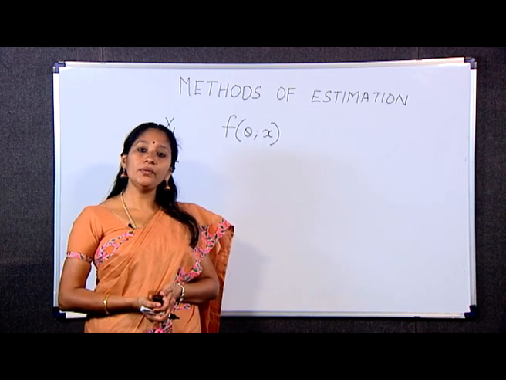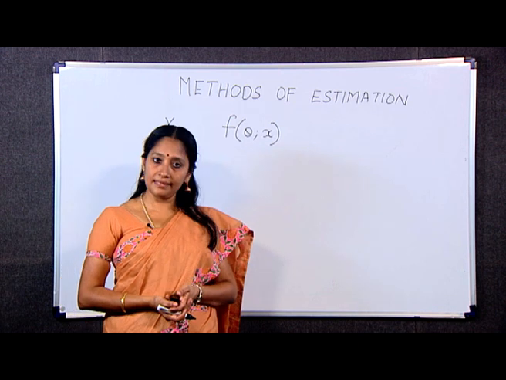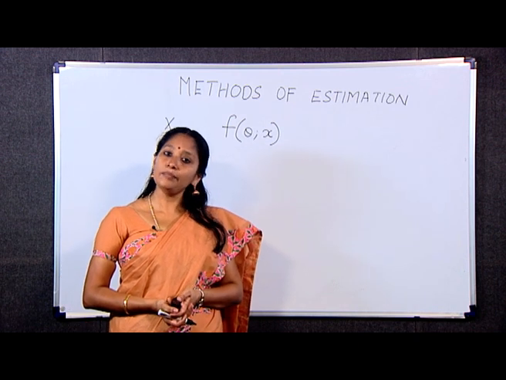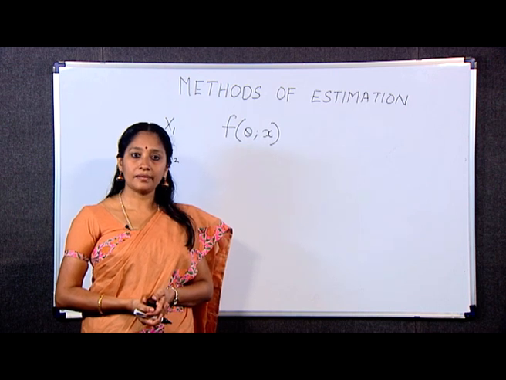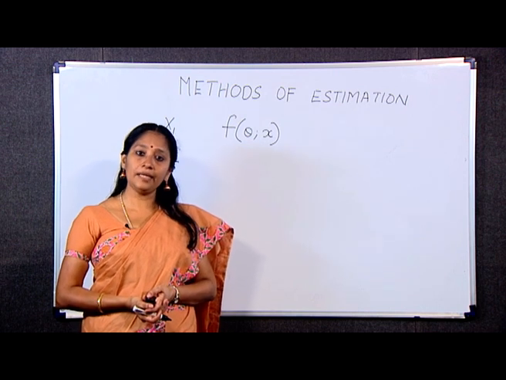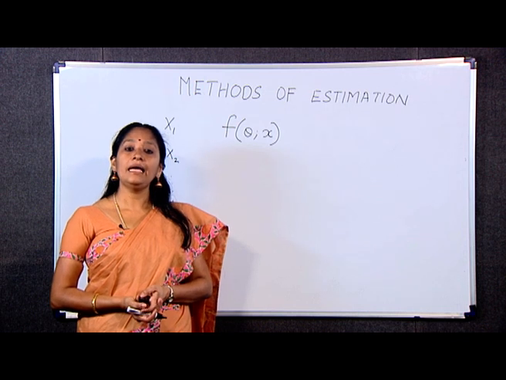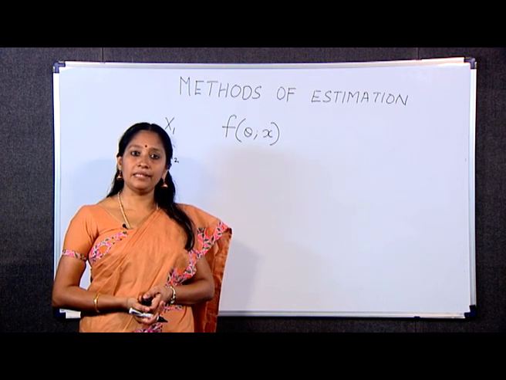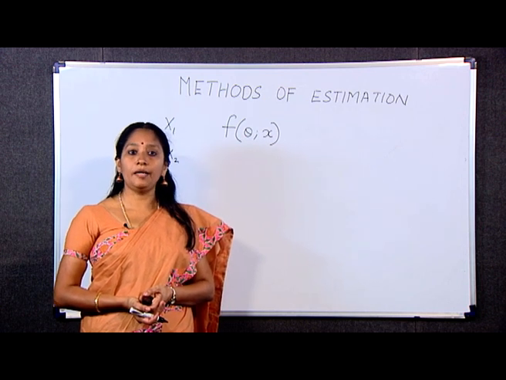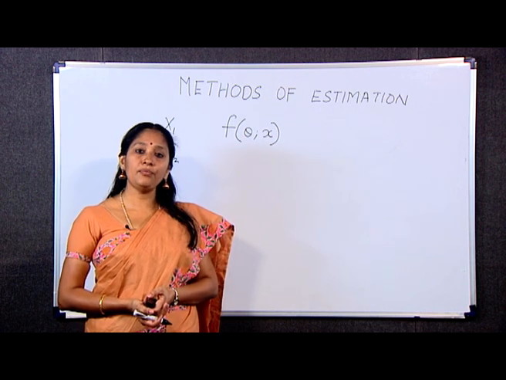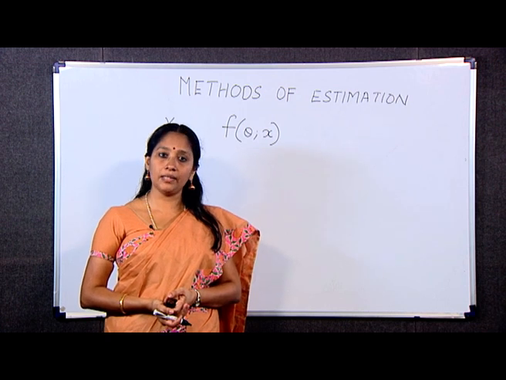Sometimes we will use a single value as an estimated value, or sometimes we say that the parameter lies in an interval. These are respectively called point estimation and interval estimation. For example, the mean monthly income of employees in a factory is rupees 30,000.